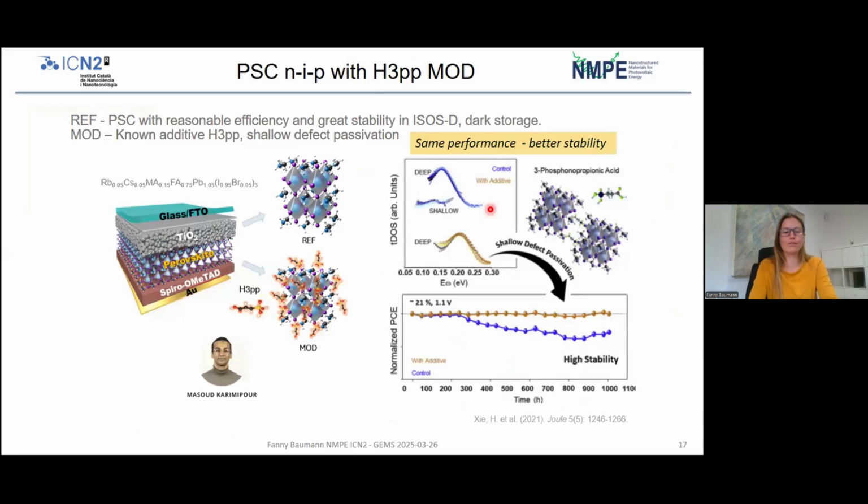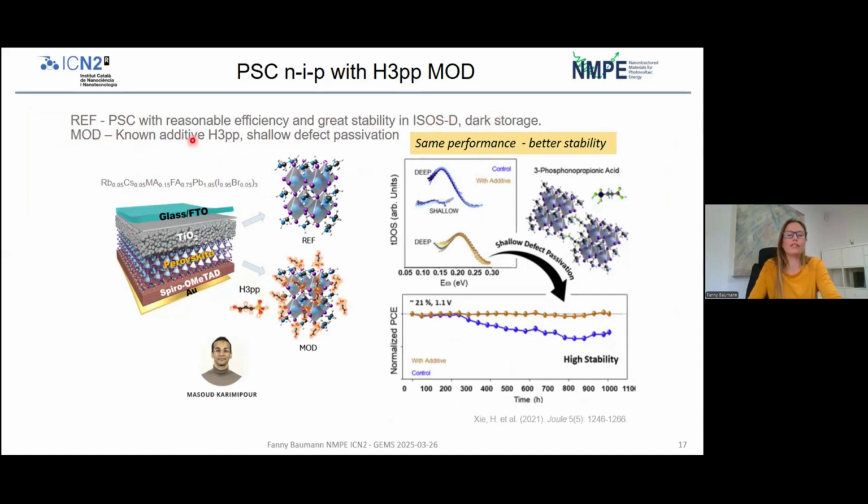Okay, moving on to the devices that we've tested. These are NIP devices with this perovskite composition, a quadruple cation, and we have the reference devices, just very straightforward, that have a great stability in dark storage and ISOS-D.